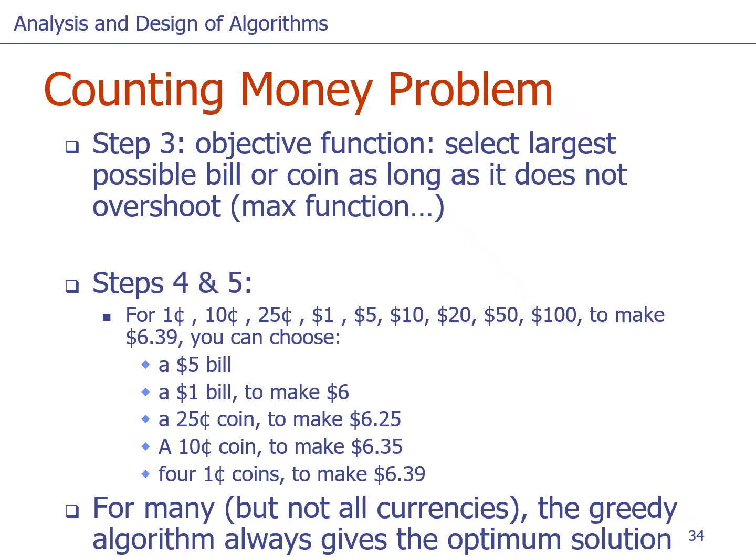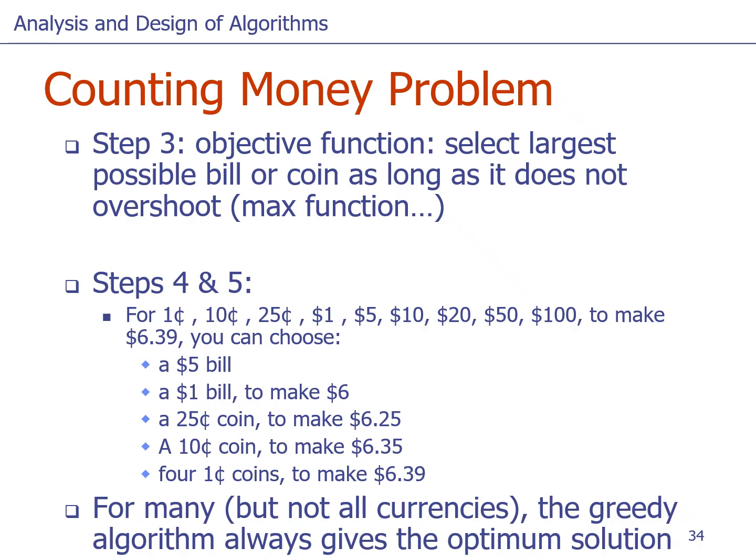Now, so for the US system, it's not surprising that we will make 6.39 with the smallest possible set of units or currencies or values. So, are there other ways we can make it? Yes, of course. We can make 639 with 639 1 cents. Or we could make it with 60 tens. Actually, a little bit more than that. Or we could make it with 24 or 25 25s.